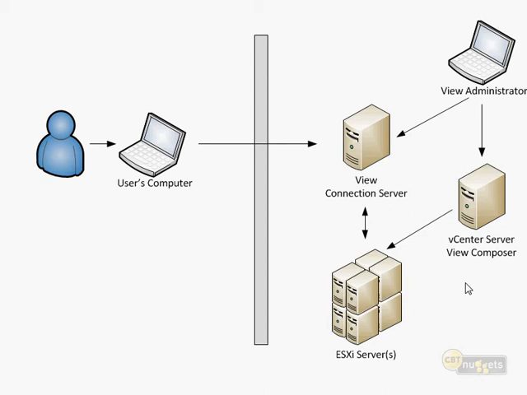In a linked clone environment, I have one disk that is the golden disk, the disk from which all virtual machines come. And when I create a snapshot of that disk, a differential, if you will, that differential is a very, very, very small disk that contains what's different between this VM instance and that VM instance.